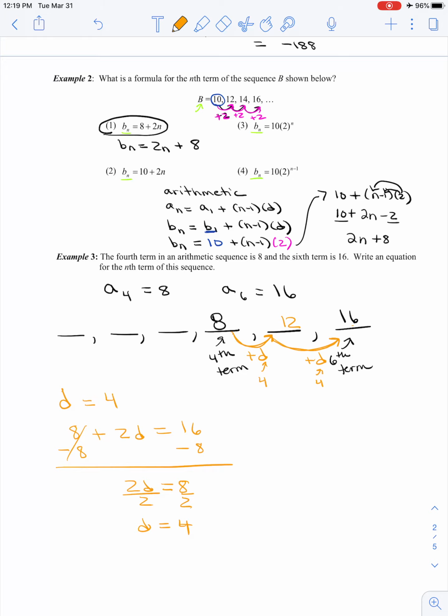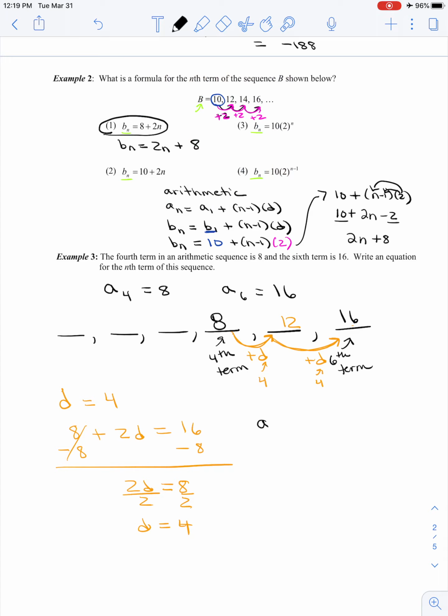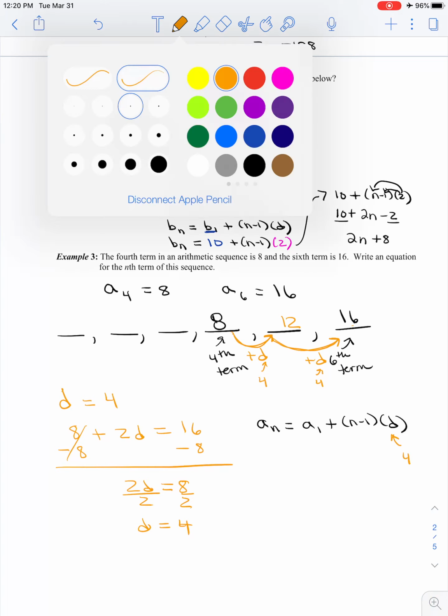So now we know our common difference, but now we run into another problem because we want to write our equation a sub n equals a sub 1 plus n minus 1 times d, but we don't have all the information. So I know my d value, I just found that, had to be a 4. But I don't know my first term, so I'm going to have to work backwards.